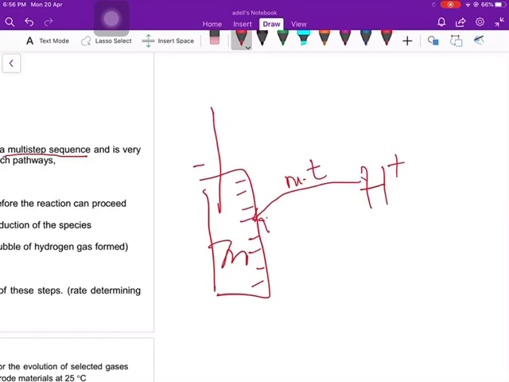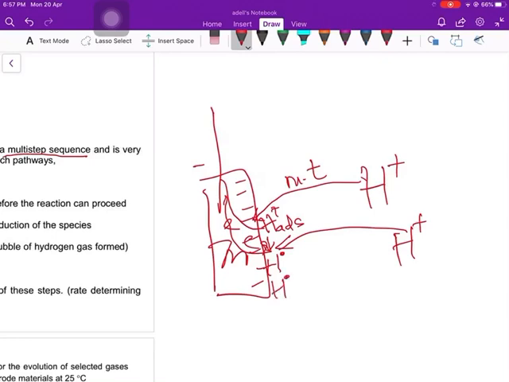Then it adsorbs on the surface and takes one electron, this is electron transfer, to produce a hydrogen atom or radical. Another hydrogen will also move to the surface, then take another electron to form another hydrogen radical. These will form a bond to produce a hydrogen bubble or hydrogen gas.